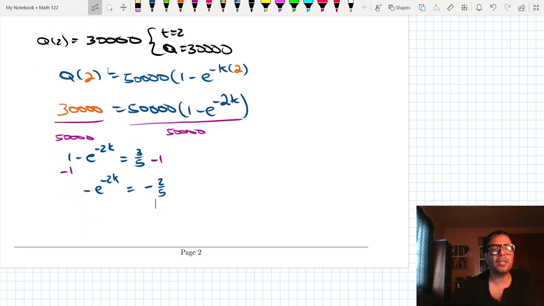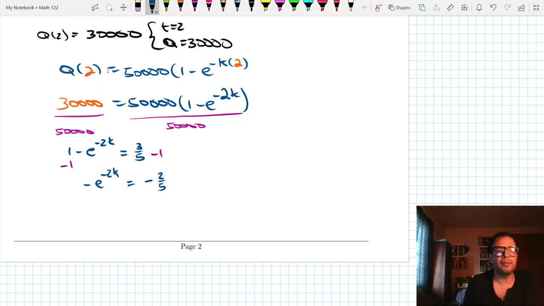Then let's divide both sides by -1 to get e to the negative 2k equals 2/5. Then we take ln of both sides to get rid of this exponential, and we get negative 2k equals ln of 2/5.